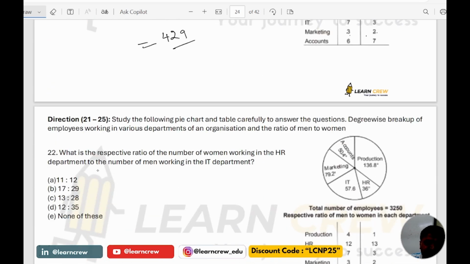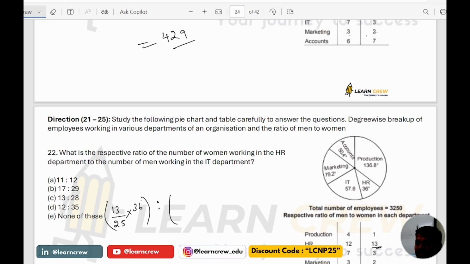Now next, what is the respective ratio of number of women working in the HR department to number of men working in the IT department?